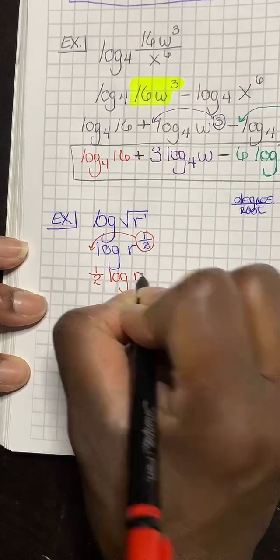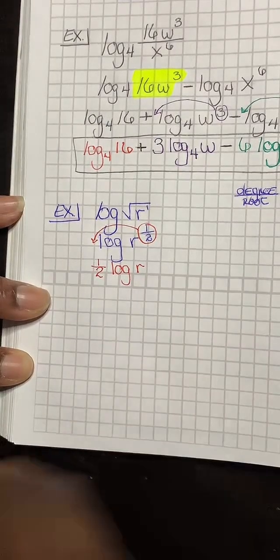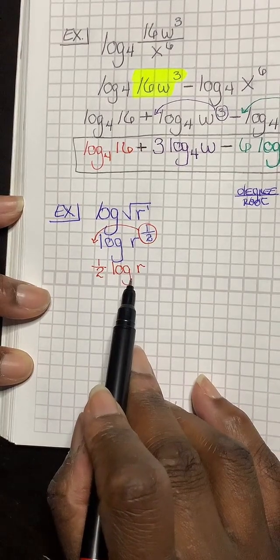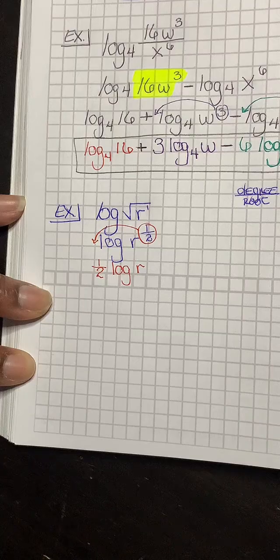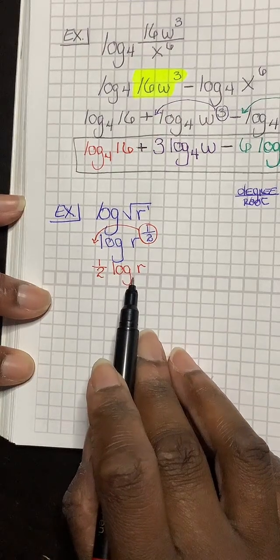Now notice I didn't say a base. What should my base be? If I don't see anything, what's assumed to be there? Okay, so it's going to be tens. For a log, this is called a common log.